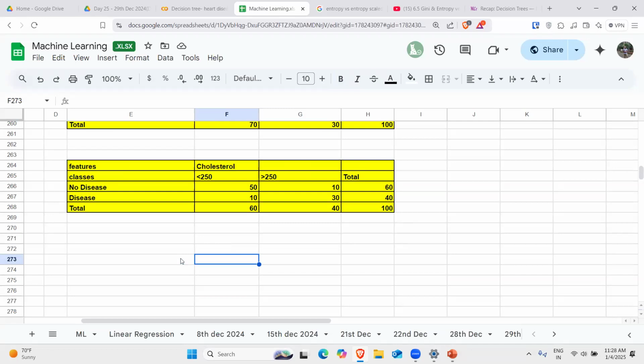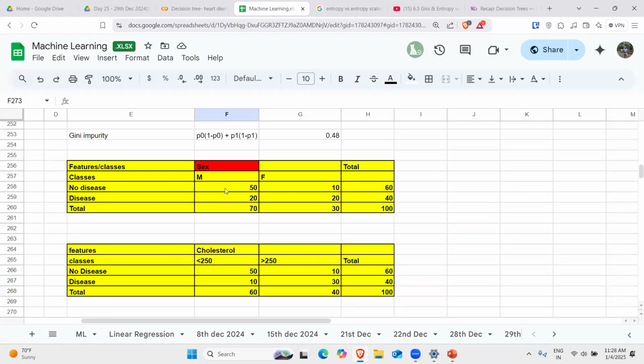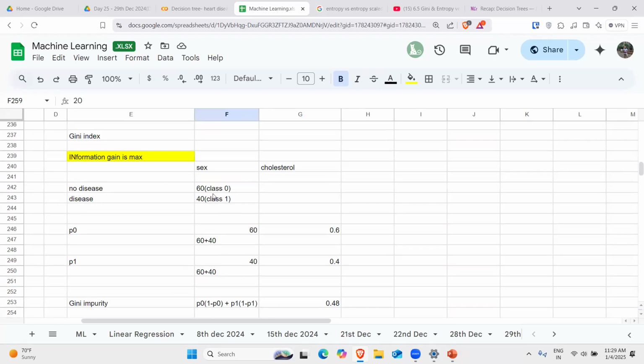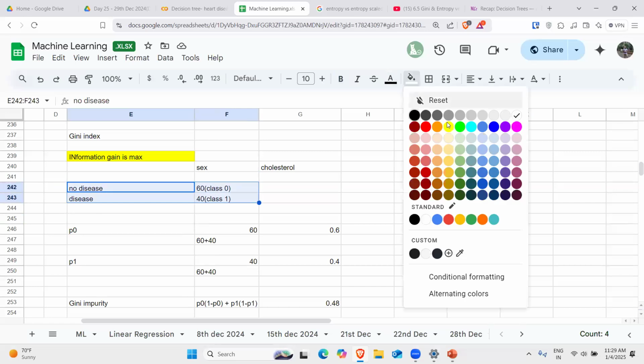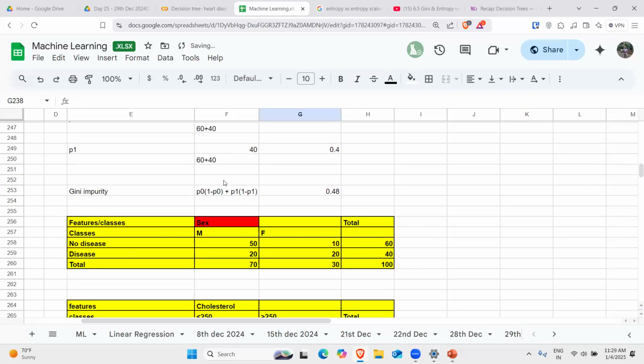Among the 70 males, that is the child node containing males, 50 belong to class 0, that is no disease, and 20 belong to class 1, that is disease.